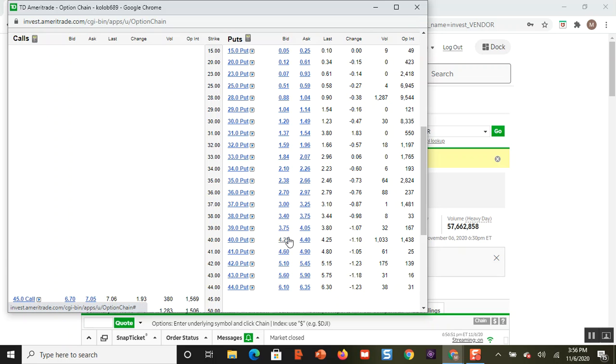Because if Uber went to 35, your $40 put would be worth $500, but you spent 430 for that. If you just bought the $40 put by itself and you didn't sell a put, you would make $70. So actually, selling the put would increase your profit if Uber went from 40 to 35, because you're now taking in this credit of 230.